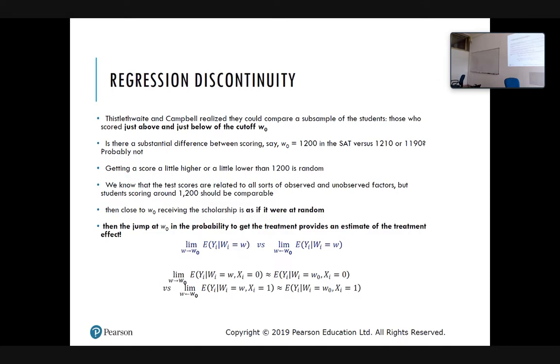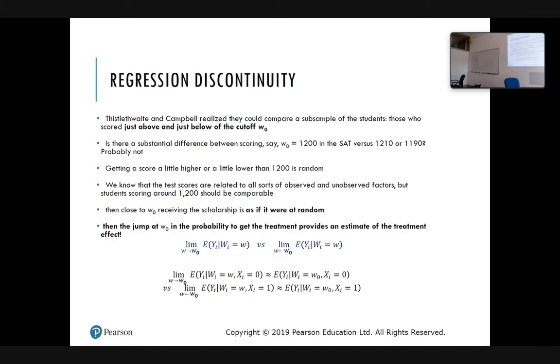So probably getting a score a little higher or a little lower than the threshold value is random. Do not think about the example that I told you, 24 or 25, because this could be not random, but just below or just above the threshold could be random, could be luck.